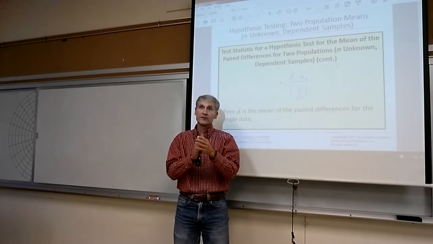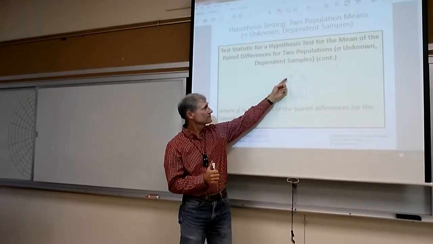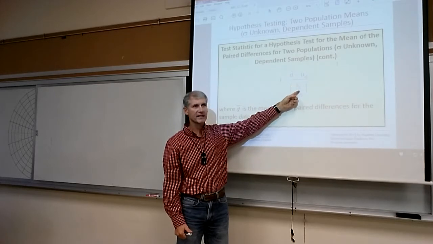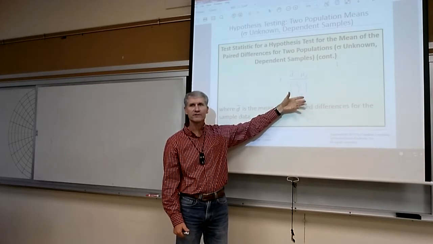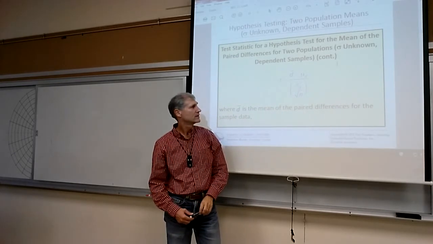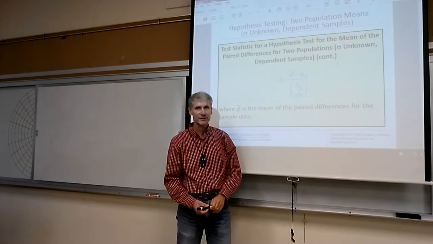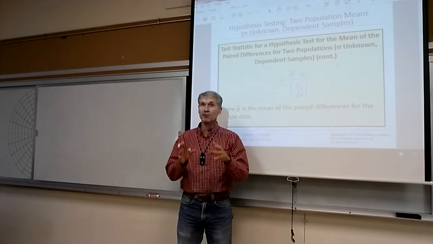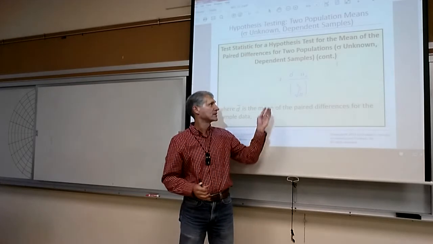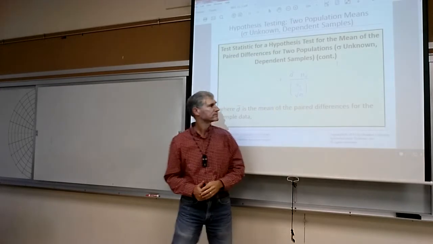After you take the differences and have them in L3, you do one-var stats on L3. The calculator will call it X bar, but that's D bar, and it will call it SX, but that's SD. It's on the differences. And then what is N? Sample size, and it's the number of pairs. It's not the total number of data points, because you have 2 data values for each person. It's the number of people or objects, so the number of pairs.